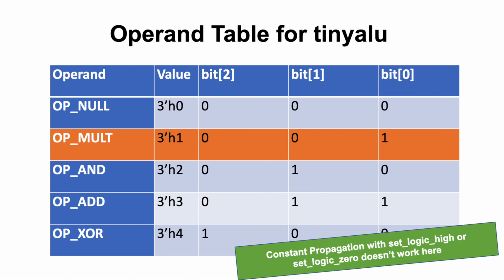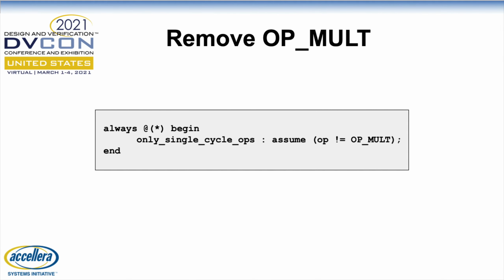In SystemVerilog, the assume statement can describe the constraints of the stimulus. And we could use this line to say that the operand, the port name being op, is never equal to op mult. It could be any other value except that one.